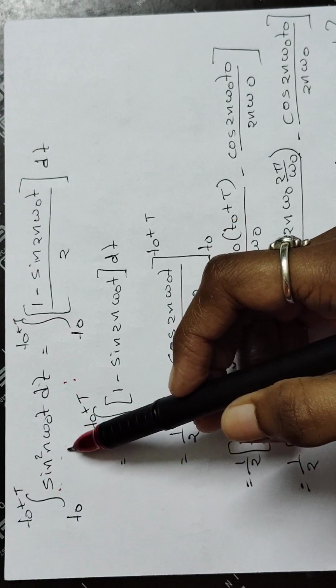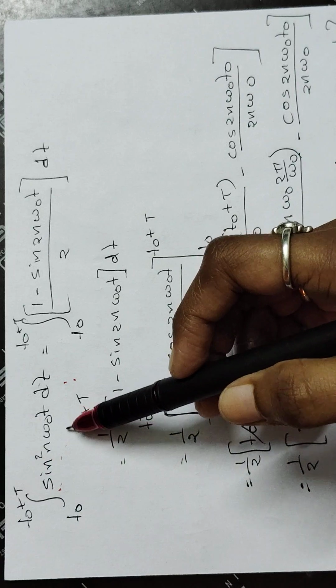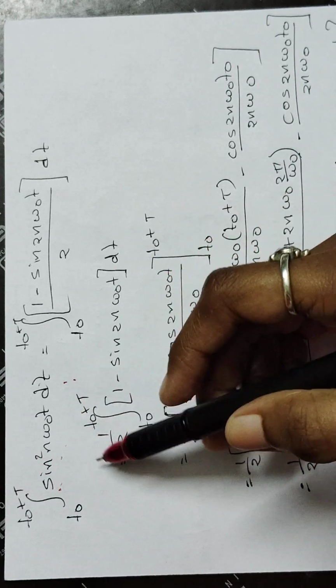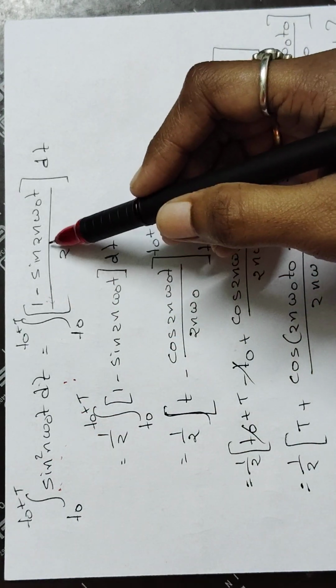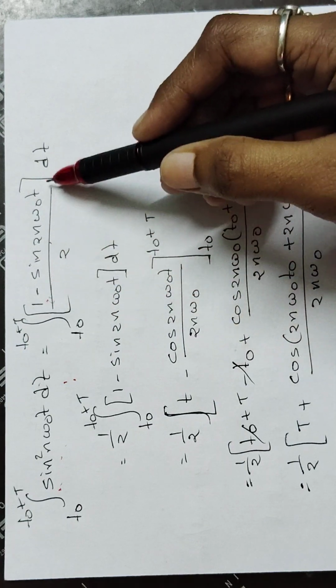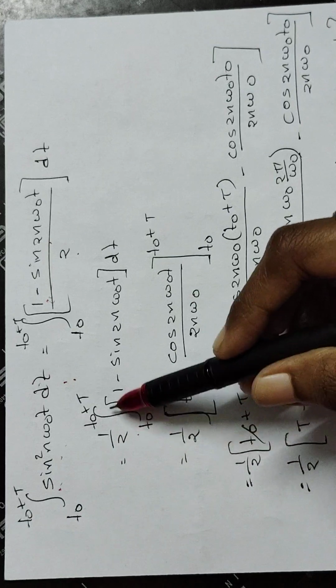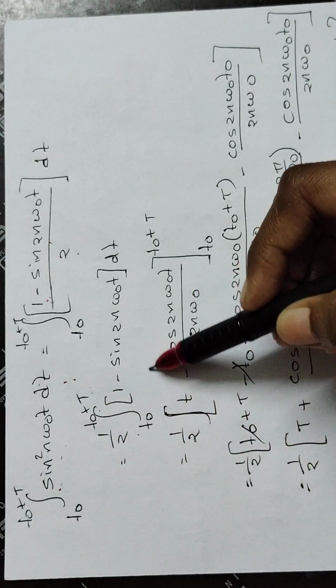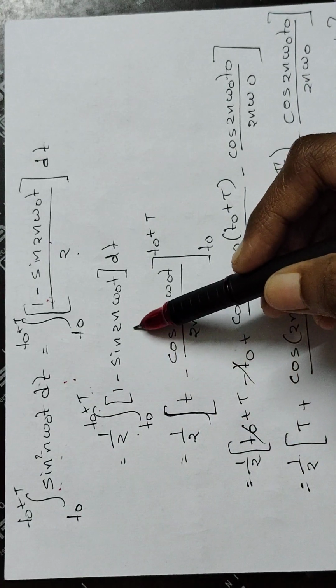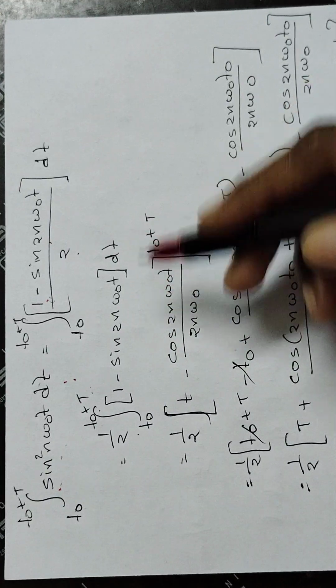So for the integration of sine square n omega naught t, you have to substitute the formula, that is 1 minus cos 2n omega naught t divided by 2 into dt. Now 1 by 2 integration t naught to t naught plus t of 1 minus cos 2n omega naught t into dt.